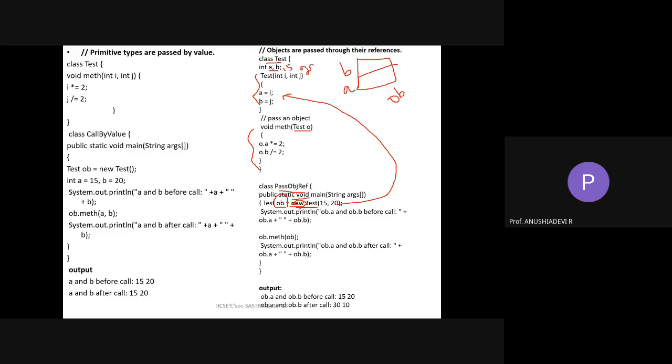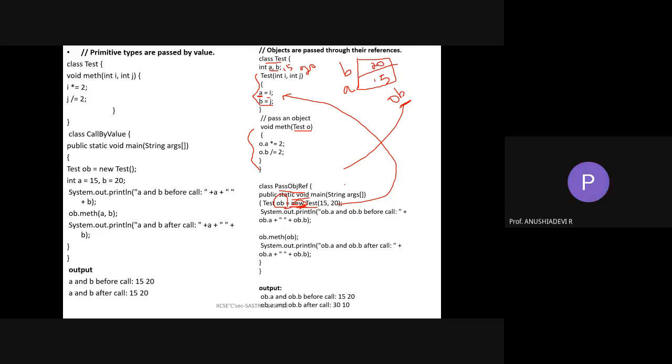So that I value is assigned to A. This means OB object's A, because this constructor is called because of this object creation, and this object is referred by OB. So now OB.A value is 15, and OB.B value is 20. Up to this you understood, ma?